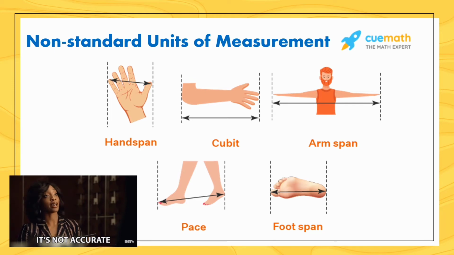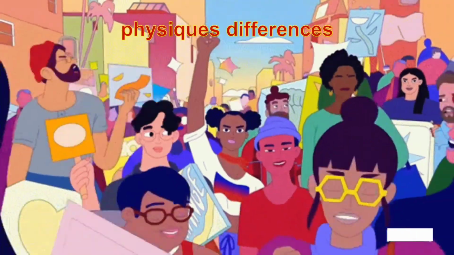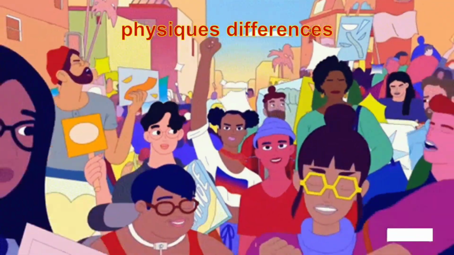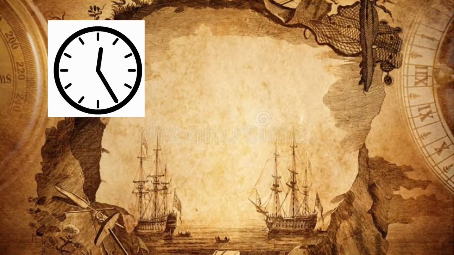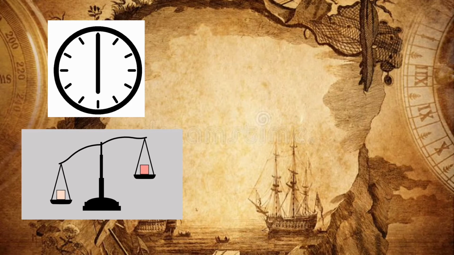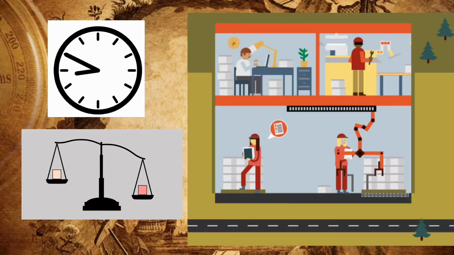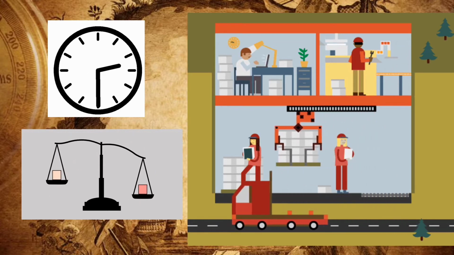Biologically speaking, people have different physiques depending on their genetic structures. Time passed, and the systems of measurement were developed. People realized the use of standardized units for trade and commerce to avoid conflicts.